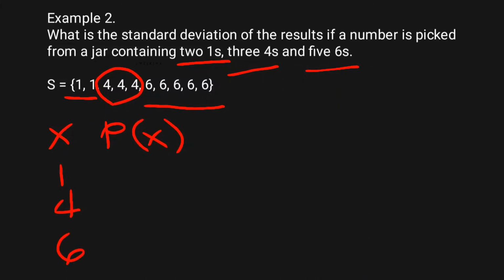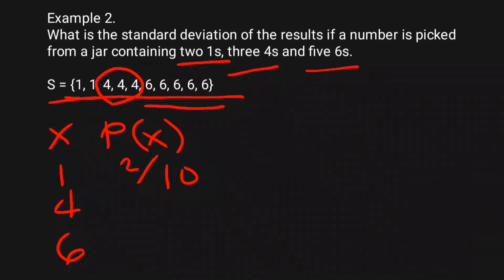So what is the probability when a number is picked from a jar containing 2 ones, 3 fours, and 5 sixes? The probability of getting 1: how many 1s are there? We have two 1s, so that is 2 out of the total, which is 10. So when x is 1, p of x is 2 over 10.